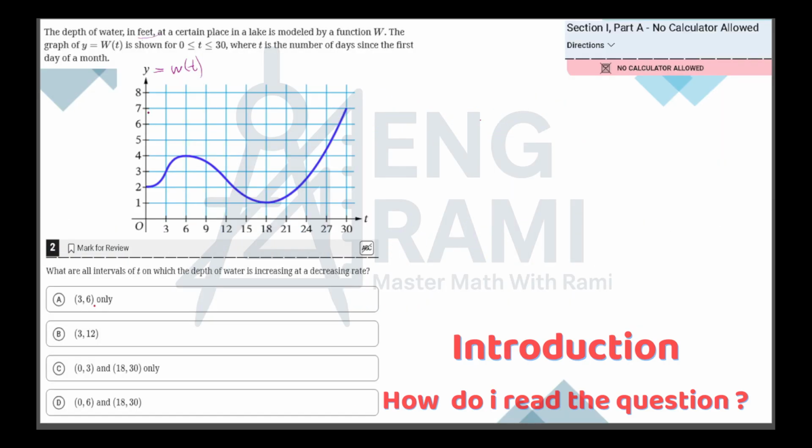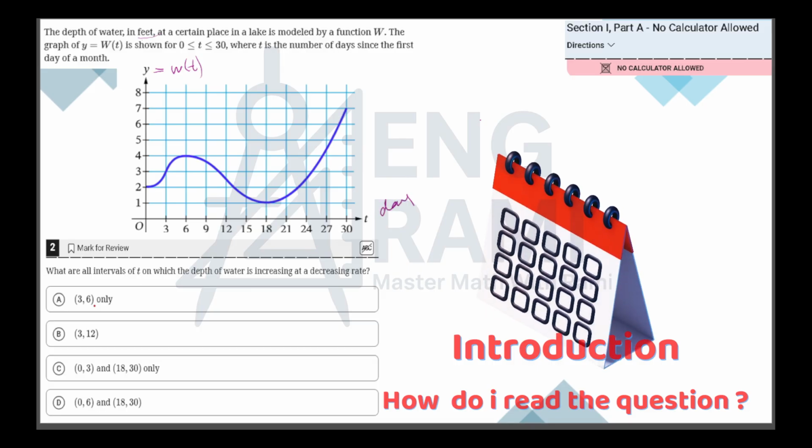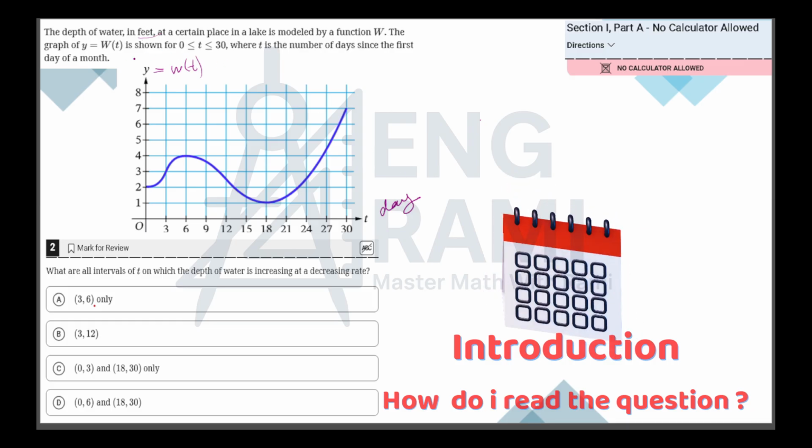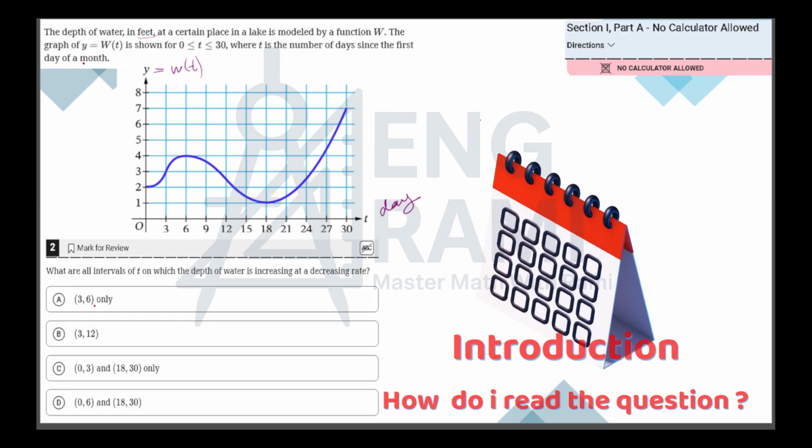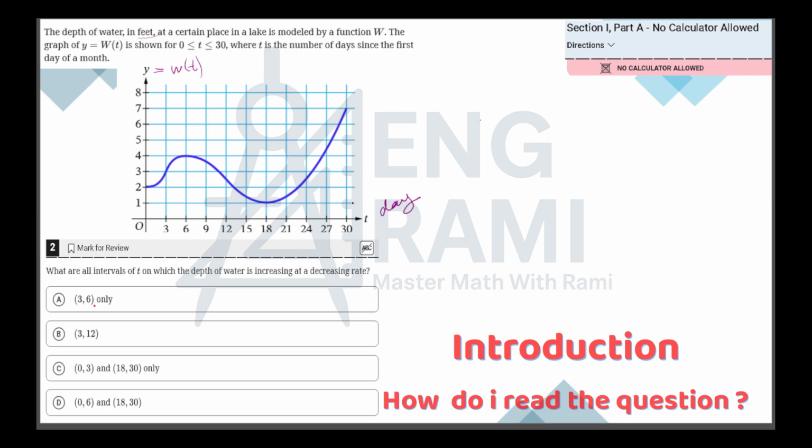Let us just discuss the question together. So here is t, which represents the day of the month, just for 1 month. And w of t is the depth of the water.